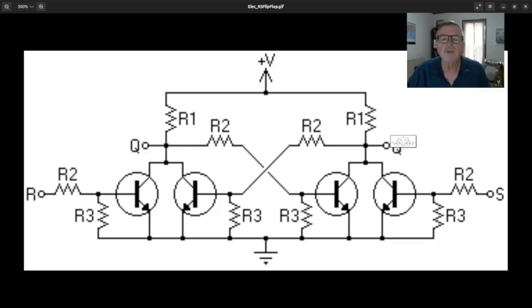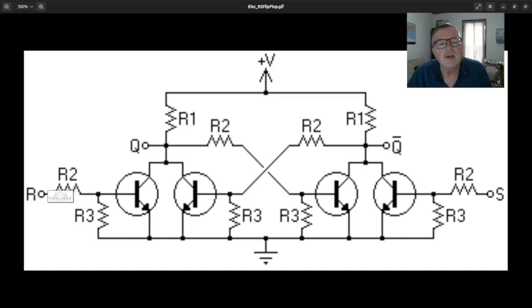So let's follow through this. A transistor here has a base, an emitter, and a collector. If the base has a high voltage applied to it, then it turns on the transistor, and the collector goes to close to 0 volts, or about 0.2 volts.